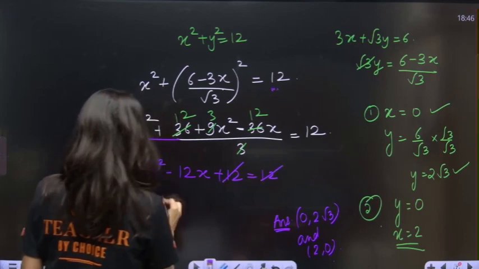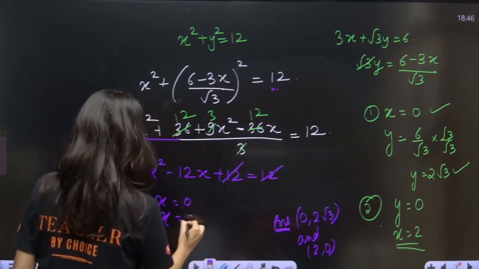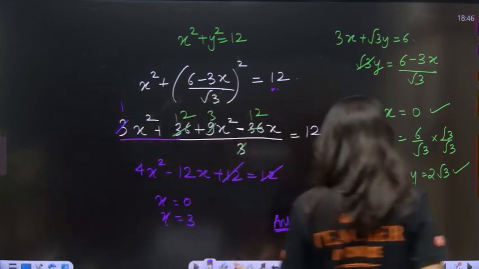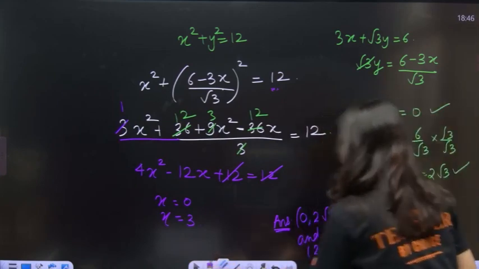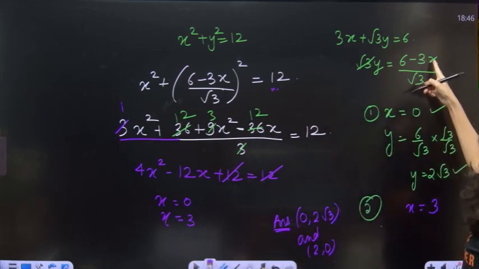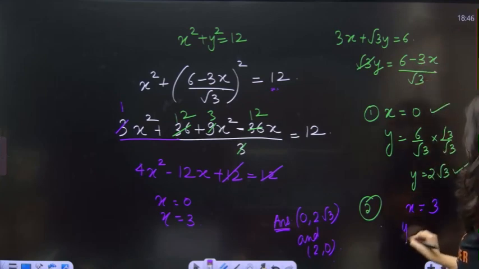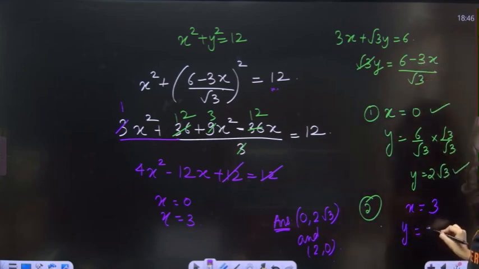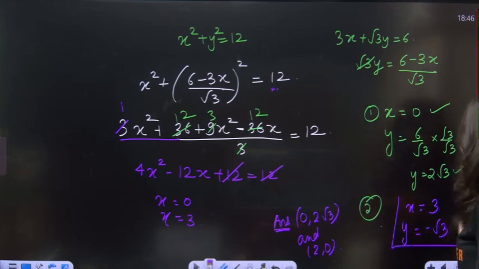So x is going to be 0, x equals 3. Yes, so x equals 3. So here x will be equal to 3. So 3 threes are 9 minus 3. Y is going to be minus 3 by root 3, so minus root 3. Yes. So the second answer is correct.